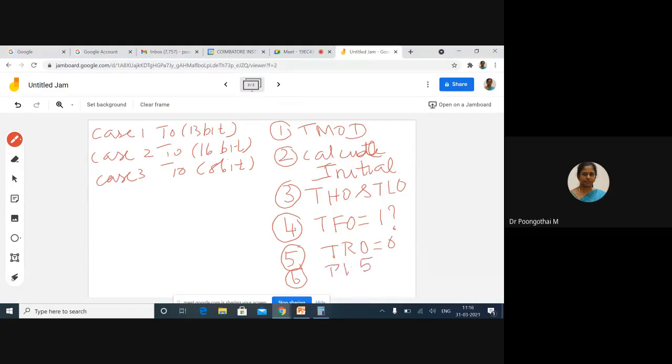So you toggle this P1.5, and in the seventh step, clear the overflow flag and go back to step number 3.